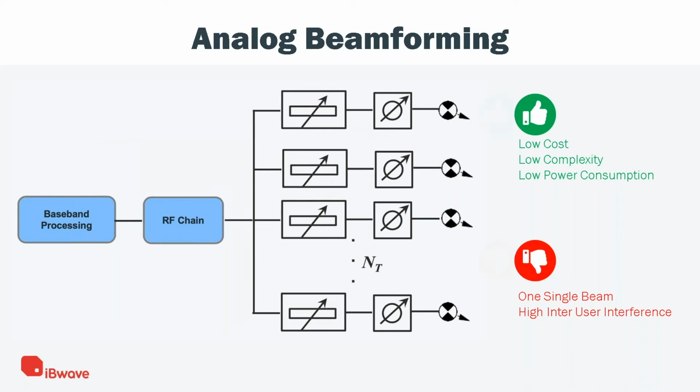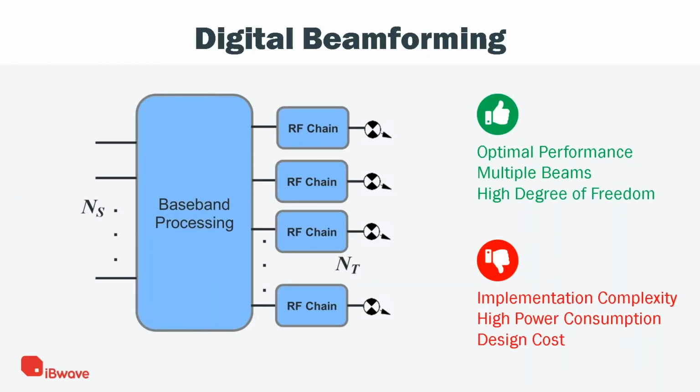So now let's see what the difference is with digital beamforming. With digital beamforming, we do all this processing at baseband and apply all the beamforming coefficients in the baseband.